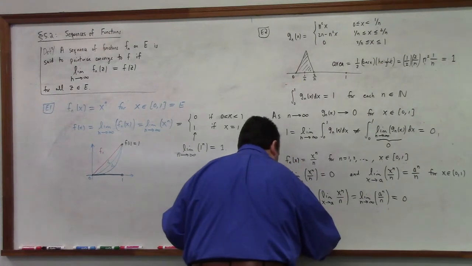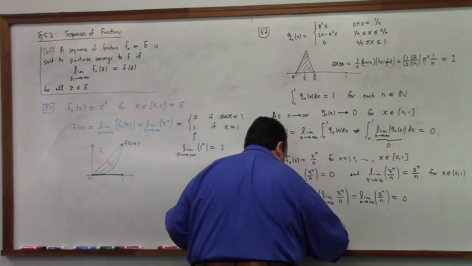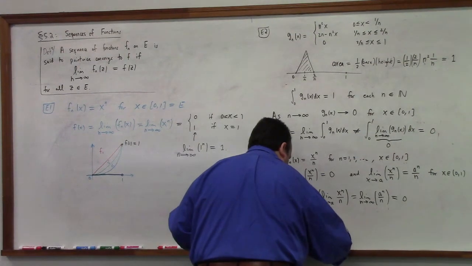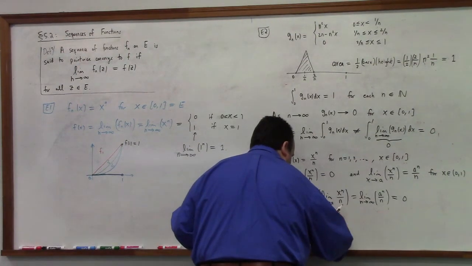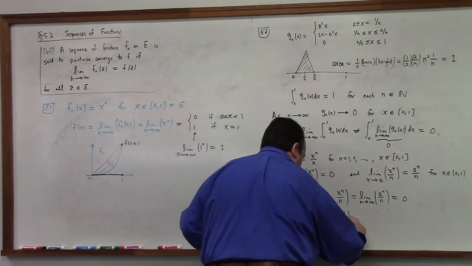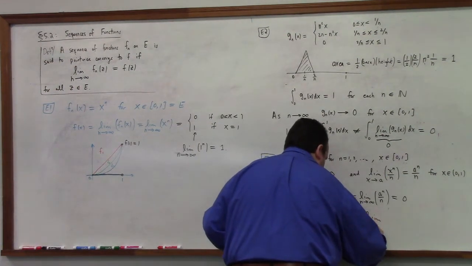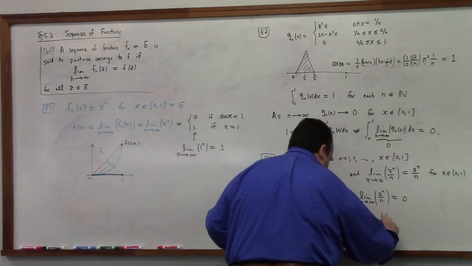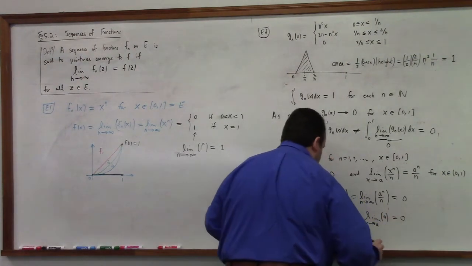And also the limit as x goes to a of the limit as n goes to infinity of x to the n over n is equal to the limit as x goes to a of 0, which is equal to 0.